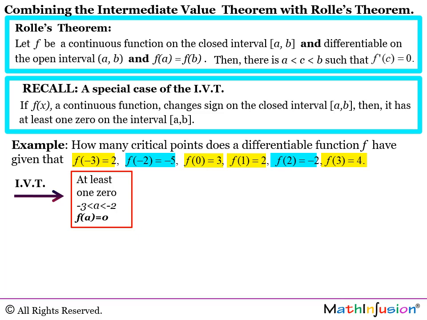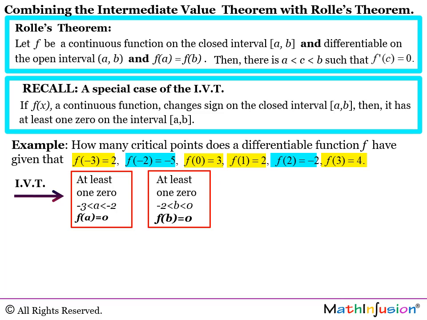Let's call this 0 a, so f(a) equals 0. There is at least one zero between -2 and 0. We call that b, so f(b) equals 0. The reason is because the function is changing its sign between -2 and 0.